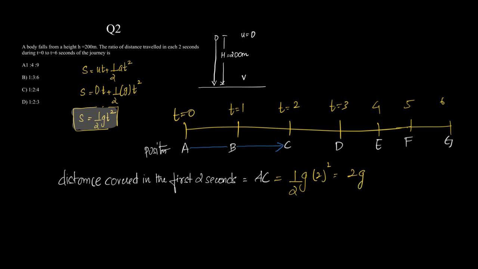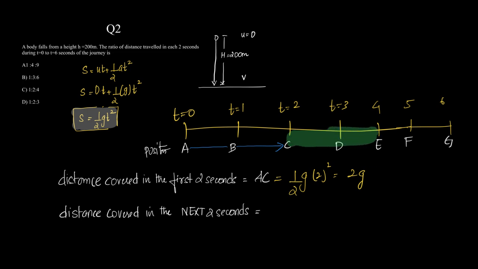Now what we have next is the distance covered in the next 2 seconds, not in the 4 seconds, in the next 2 seconds. If you pay close attention, it is this distance, CE, which is covered in the next 2 seconds. And what is CE equal to?